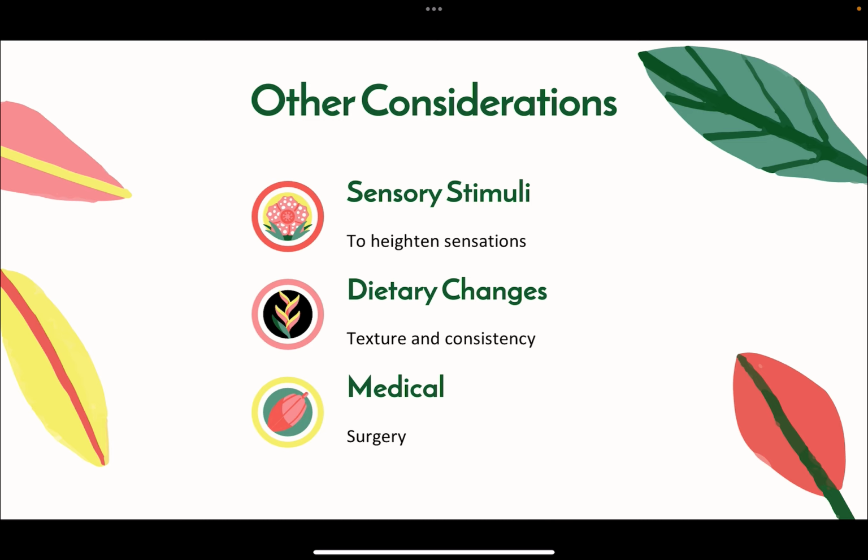So we really need to consider, has there been a dietary change that's taken place? Or has there been some kind of surgery or medical procedure that has taken place that's preventing them from being able to participate in some of these activities? You always want to think about that when you're thinking about those treatments for our patients who have a swallowing disorder.